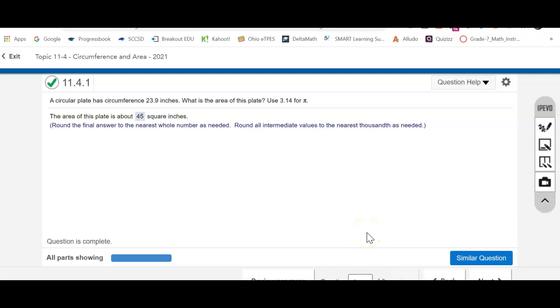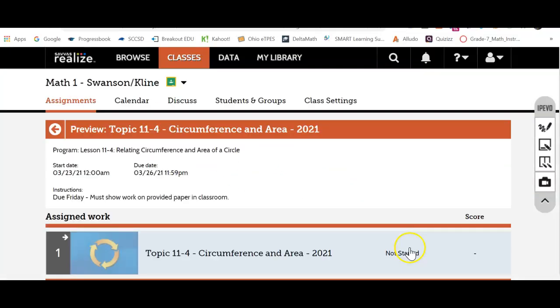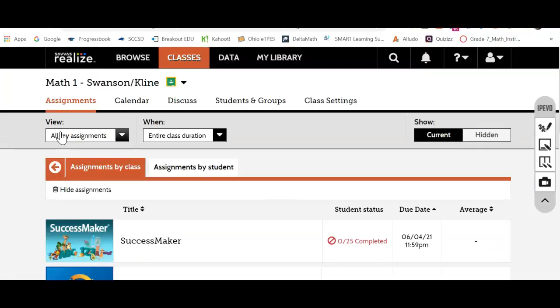Okay, so you got to work all the way back and through to get the area. That is topic 11.4. There's only 3 questions. Have at it. So let's go over to 11.5.